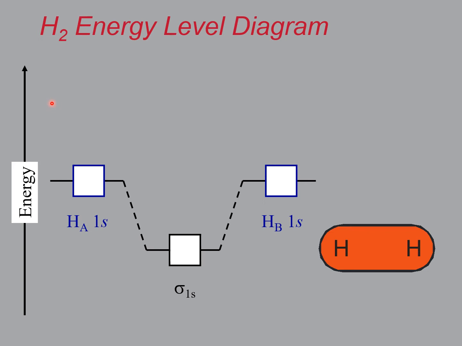Broadly speaking, this is a 1s plus a 1s, and if you imagine putting two spheres on each other, you would get something that looks like this. The anti-bonding configurations are higher in energy than the atomic electron states from which they are constructed.